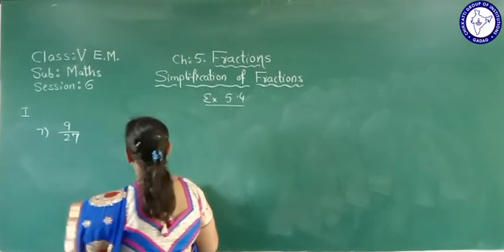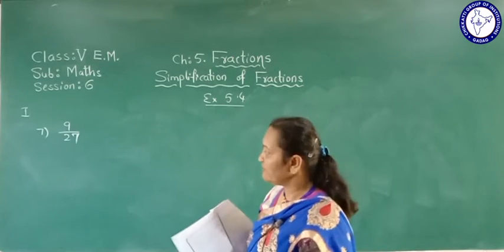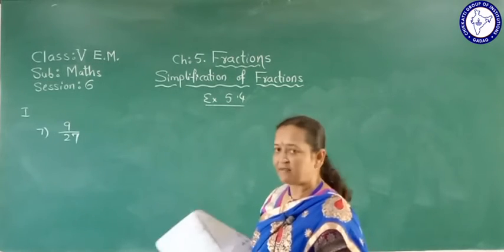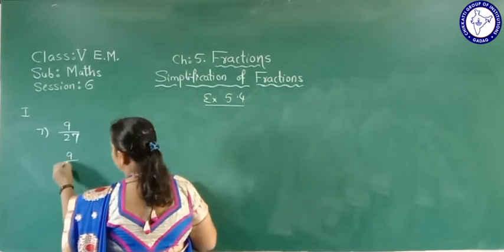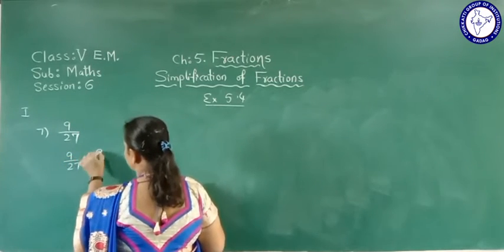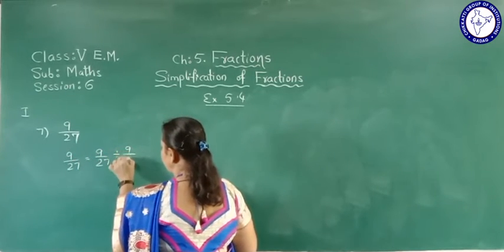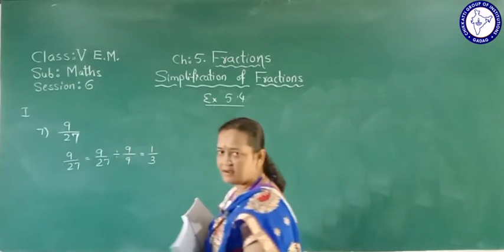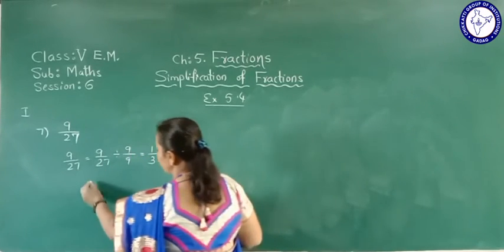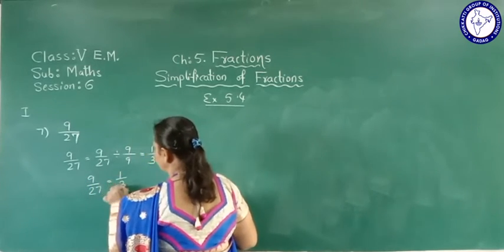So here 9 by 27, 9 and 27 you will find in the 9 table itself. 9 ones are 9, 9 threes are 27. So 9 by 27 is equal to 9 by 27 divided by 9 by 9. So 9 ones are 9 and 9 threes are 27. So this 9 by 27 is equal to 1 by 3.